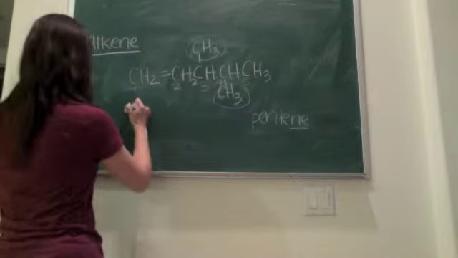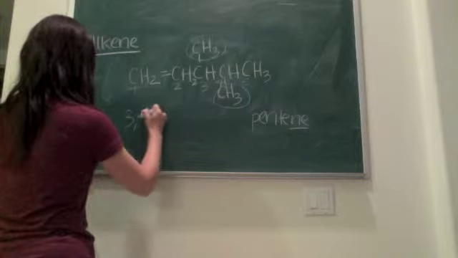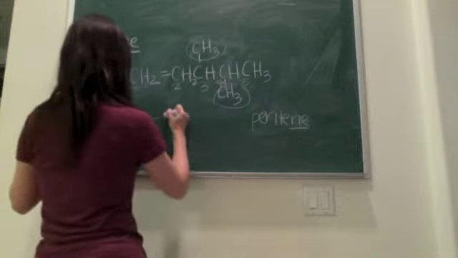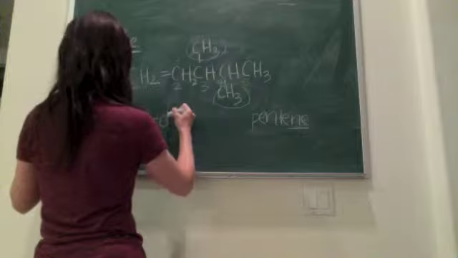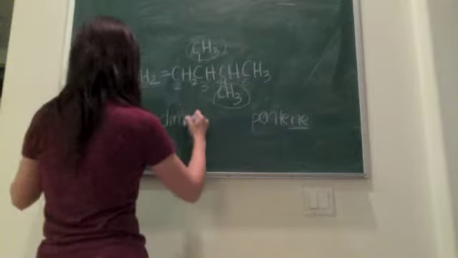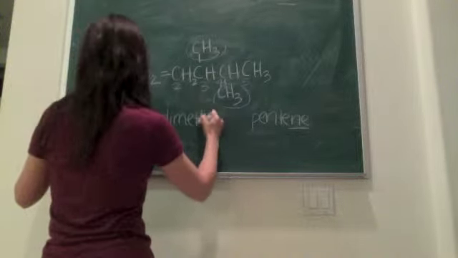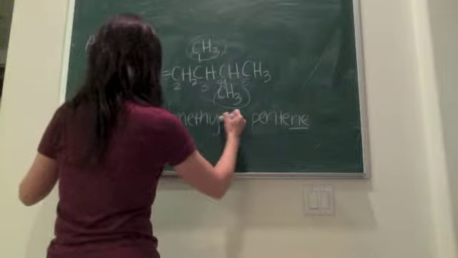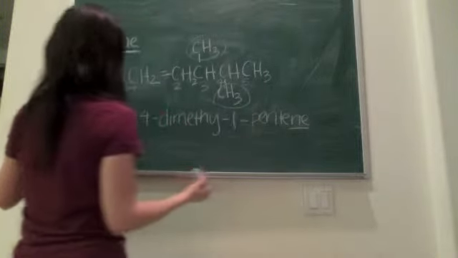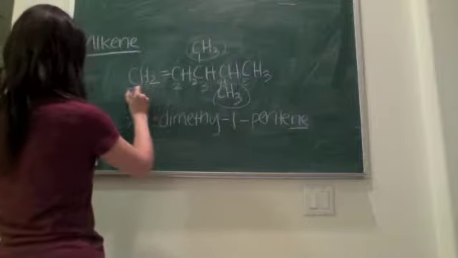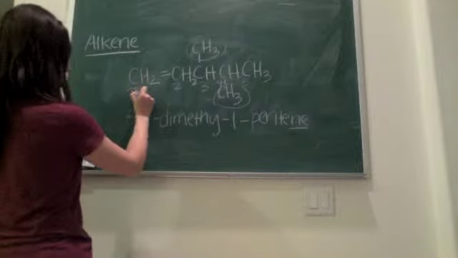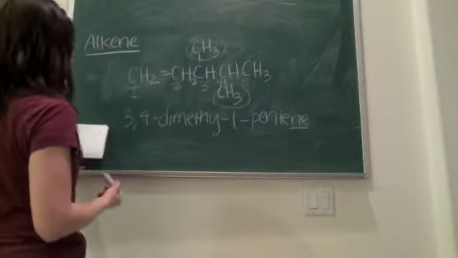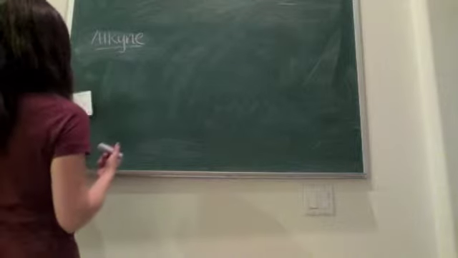So it would be 3,4-dimethyl-1-pentene, because the double bond is on the first carbon. Our third example will be of an alkyne.